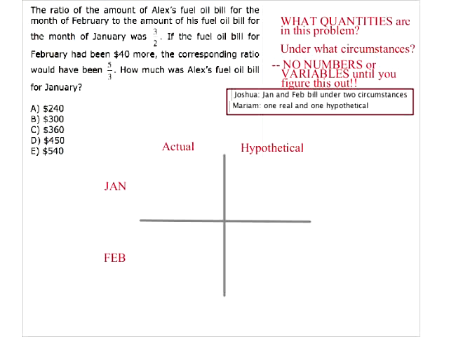The ratio of the fuel oil bill for February, the actual fuel oil bill in February, to the month of January was 3 to 2. In the text box, everybody should be on this one. Tell me, what do you call those? If they're in a ratio of 3 to 2, what do you call two things in a ratio of 3 to 2? See if you guys are on this.